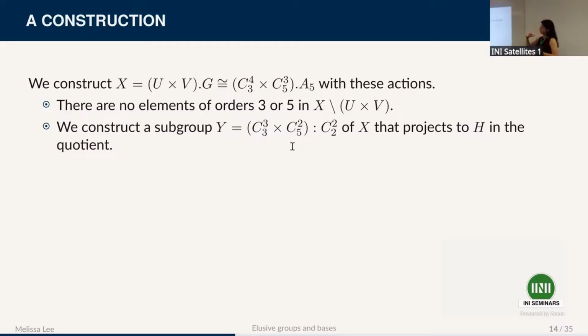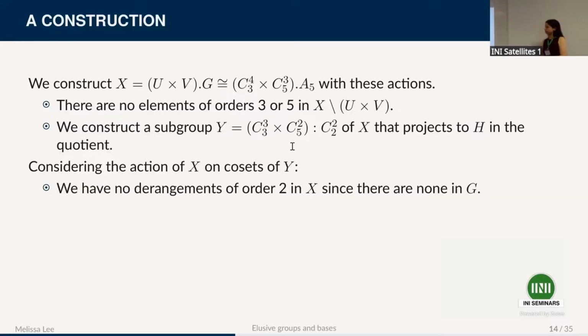We look at the action of C2 squared on these fully deleted permutation modules, and the C2 squared fixes some submodules, in particular one of dimension 3 in characteristic 3 and one of dimension 2 in characteristic 5. Those are the ones we take to form our subgroup. All right, so now we're going to look at the action of X on the cosets of Y.